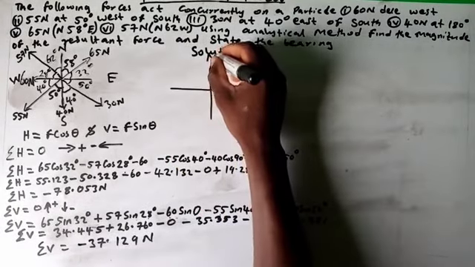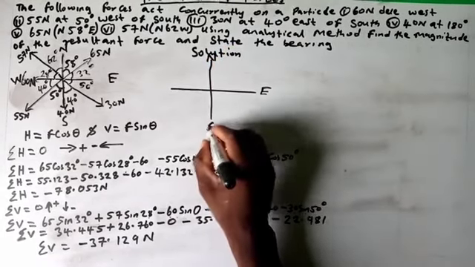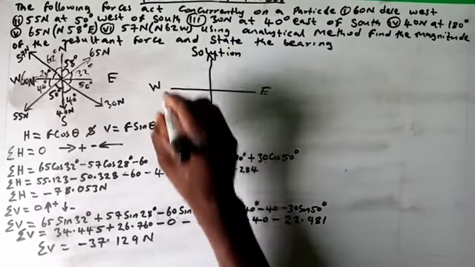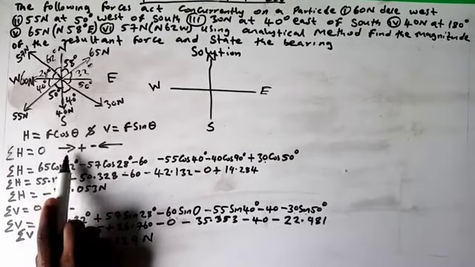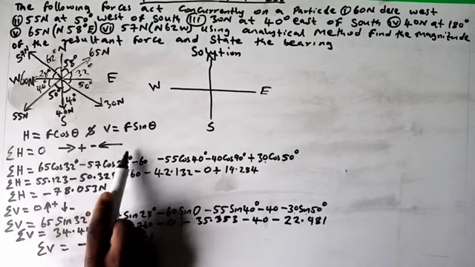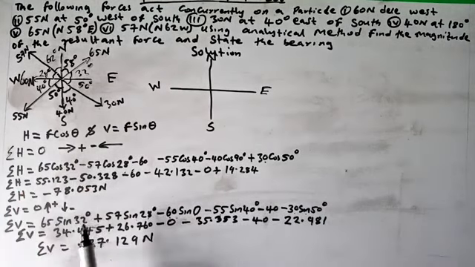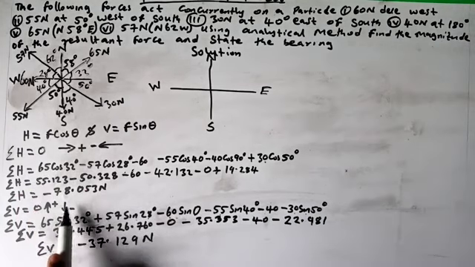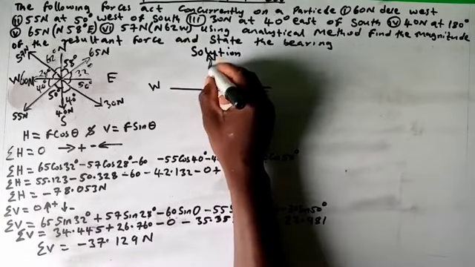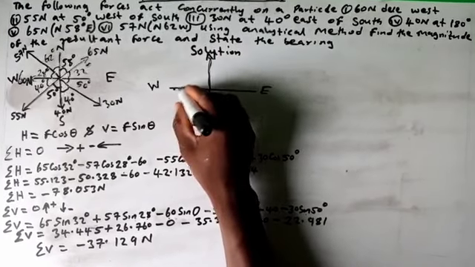Here is north, here is east, here is south, here is west. Now, we have established that forces to the right are positive and forces to the left are negative. And also that upward forces are positive and downward forces are negative. This part is positive, here is positive, here is negative, here is negative.